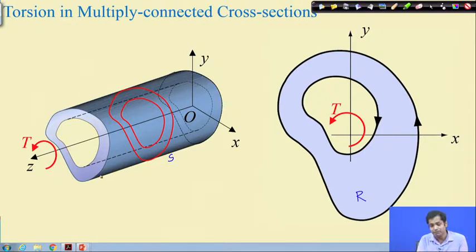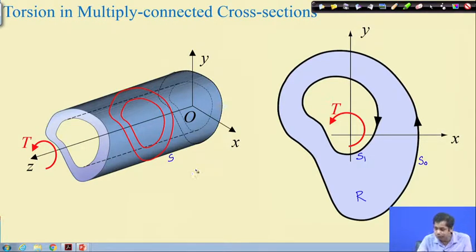In this example, we have just one inner surface, but we can have more than one as well. Let us say the outer surface is S0. In a simply connected domain, we did not have to bother about this, S was just the lateral surface, but here S0 is the outer surface, and S1 is the inner surface, because we have just one internal loop.